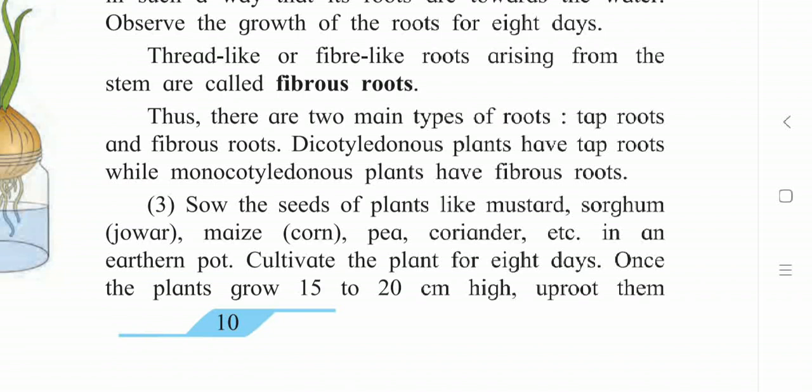Those plants are dicotyledonous plants, and they have taproots, while monocotyledonous plants have only one part. The seed does not open into two parts. A lot of plants are there, those are monocotyledonous. So they have fibrous root.